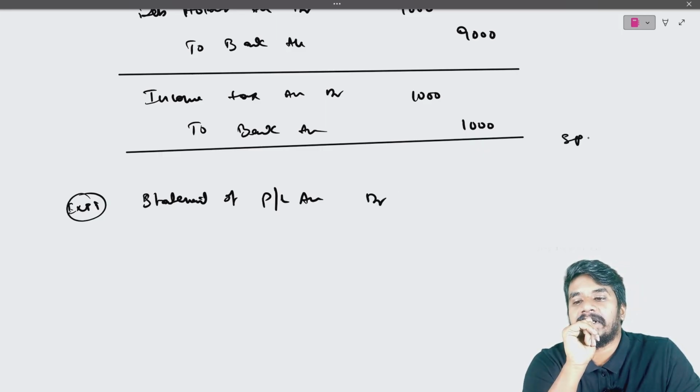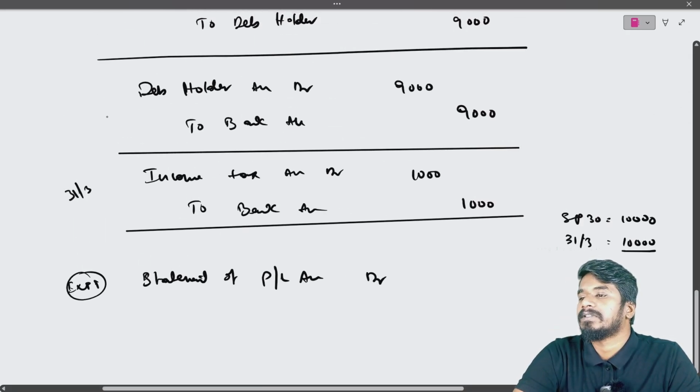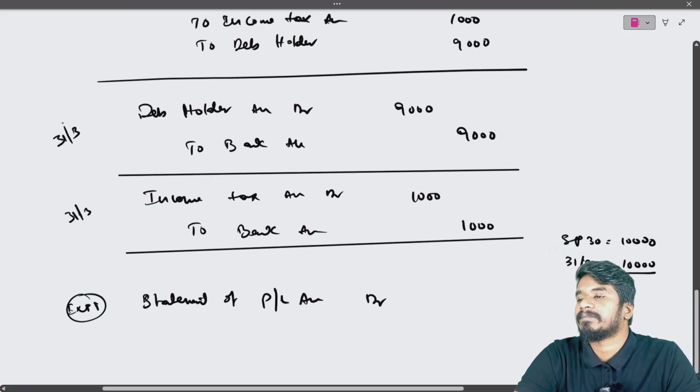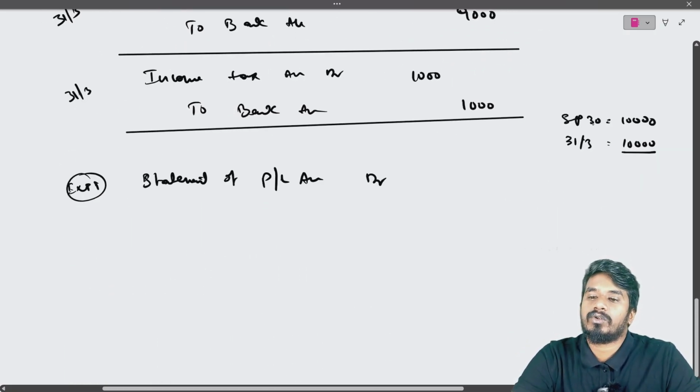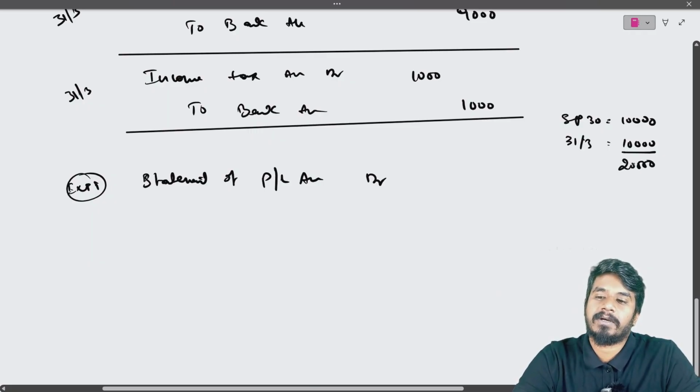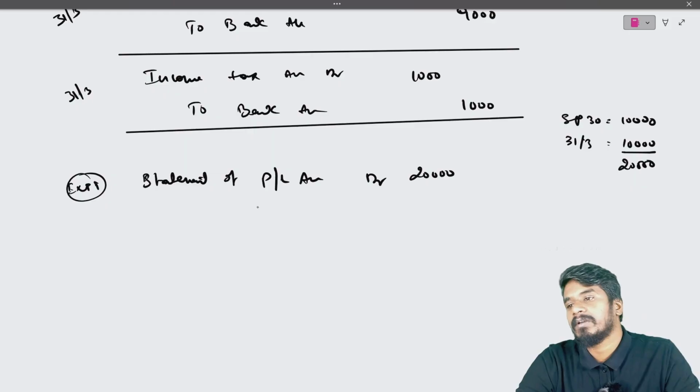For September 30th, we have paid 10,000 interest. Correct. On 31st March, we have paid 10,000 interest. Correct. So total interest paid is 20,000. So 20,000 is chargeable to profit and loss account.